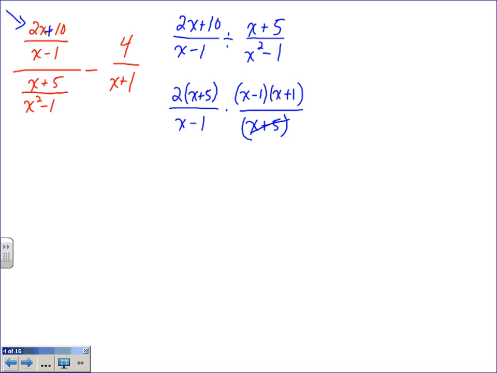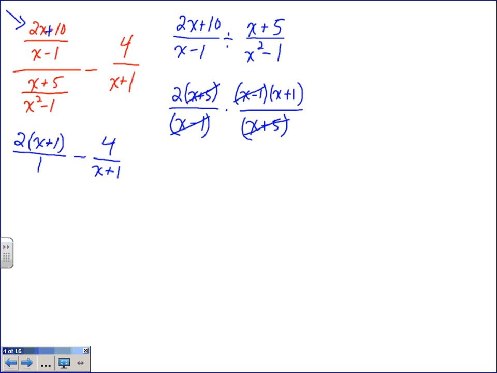So here, when I'm multiplying now, the x plus 5 and the x plus 5 will cancel. The x minus 1 and the x minus 1 will cancel. And all I'm left with is 2 times x plus 1. And I'm going to put this over 1 because I'm dealing with a fraction. Minus 4 over x plus 1.